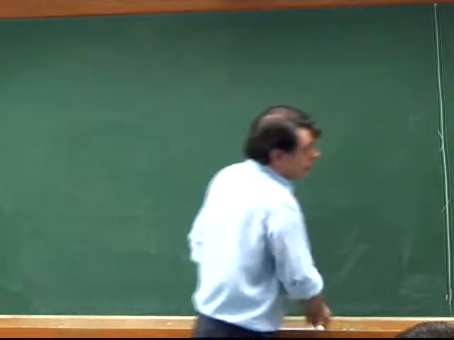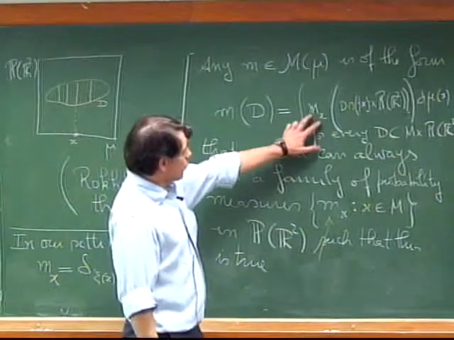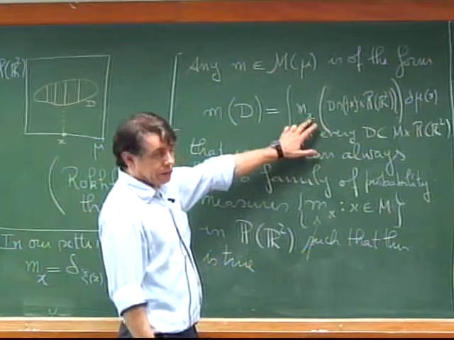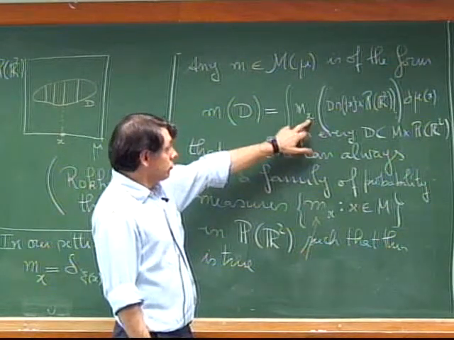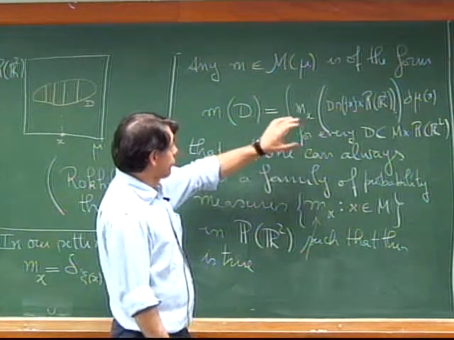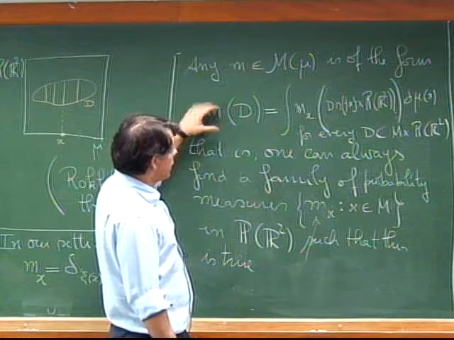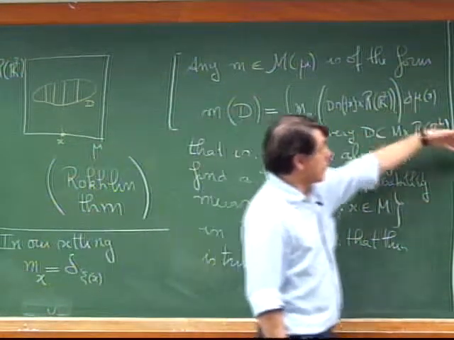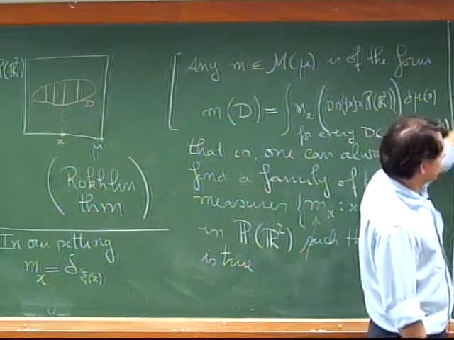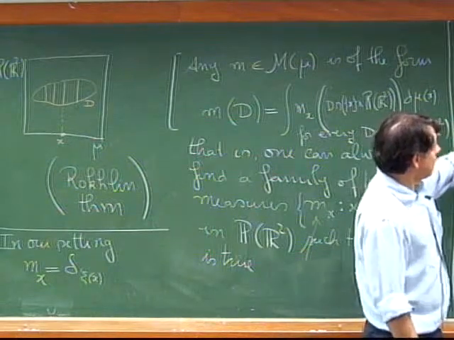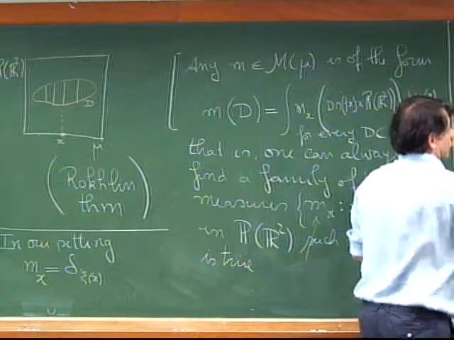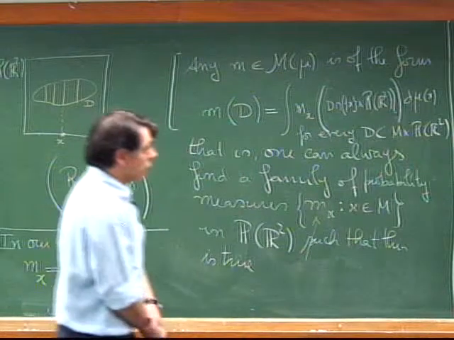Of course, I said that in general these conditional probabilities depend on x. If they don't, then that's because this measure m is the product of mu by some measure in projective space. But in a picture like this, clearly the Dirac mass depends on the point x. In general, it depends on the point.